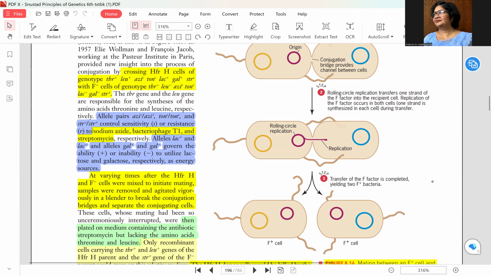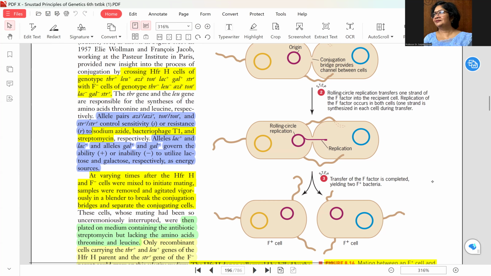So threonine plus basically means the bacteria can synthesize the amino acid threonine. You know that bacterial cells require many amino acids because they use these amino acids to synthesize their proteins. So if certain amino acids are not produced by the bacterial cells, they cannot synthesize their proteins properly, and hence they cannot survive properly in their environment.